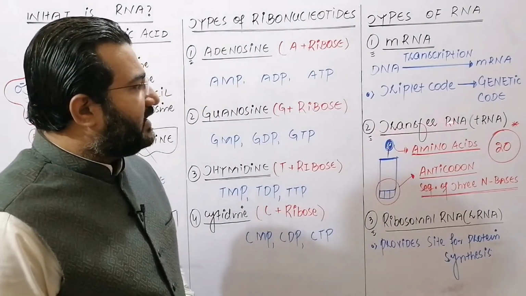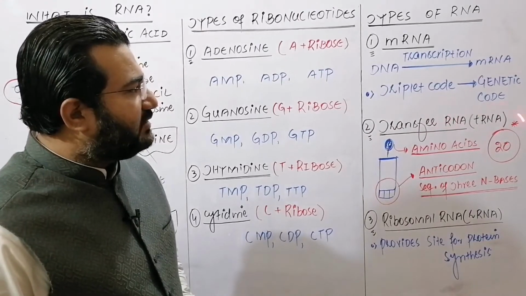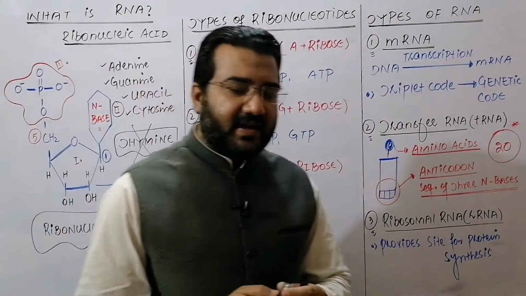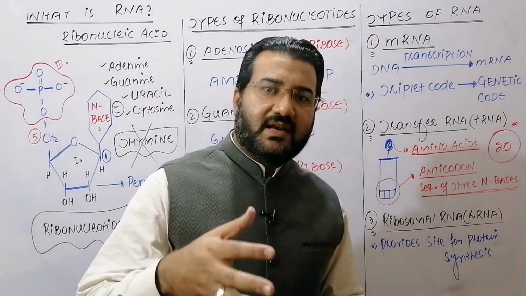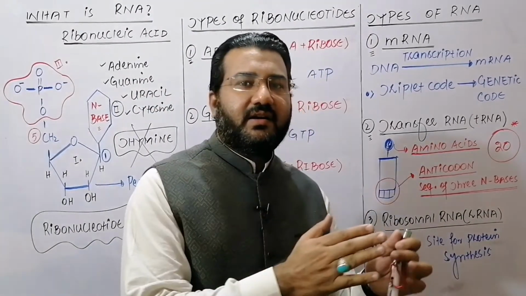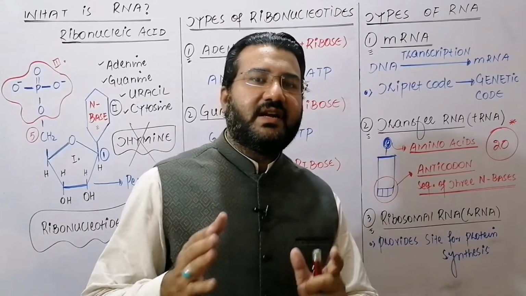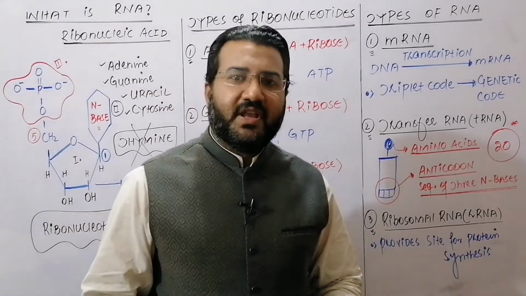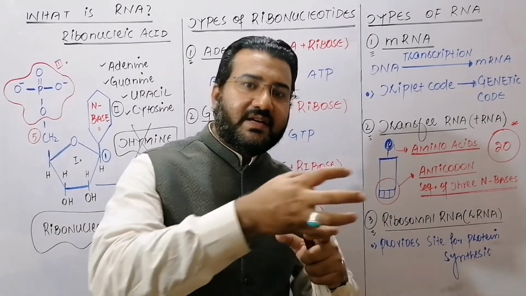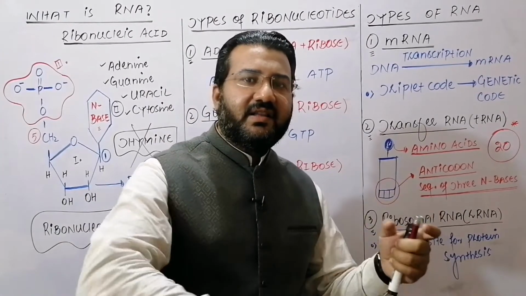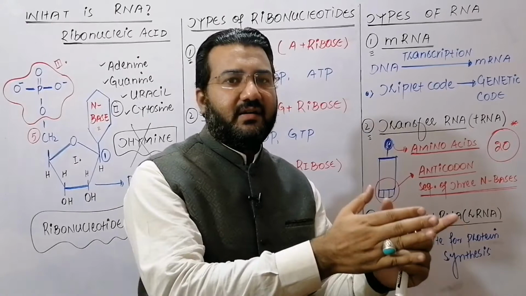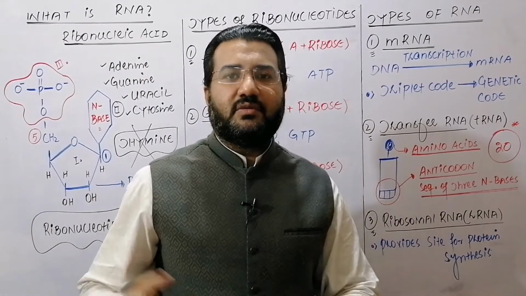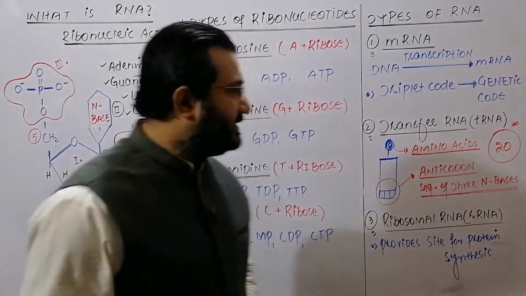My dear students, the second type is transfer RNA, also called tRNA. Transfer RNA has the function of joining the amino acid molecule and taking the amino acid molecules to the site where protein synthesis is taking place, meaning the ribosomes. So transfer RNA collects the amino acids which are scattered in the cytoplasm, and makes the amino acids move from the cytoplasm to the ribosomes where protein synthesis is taking place.